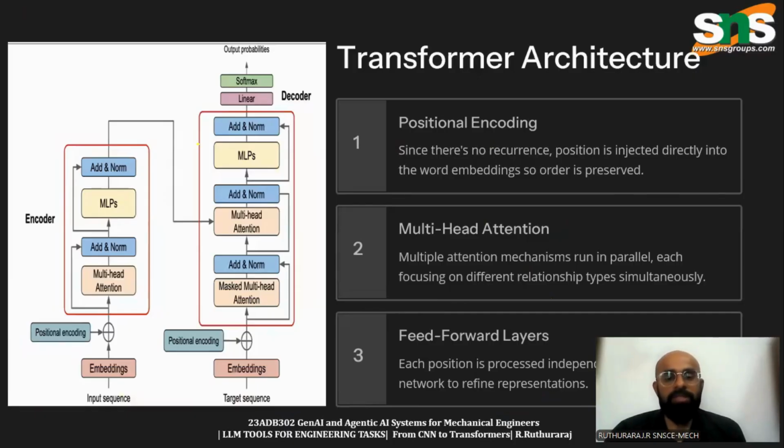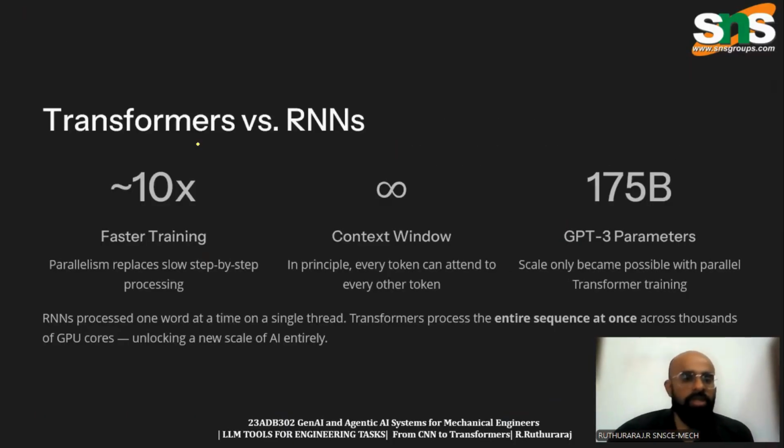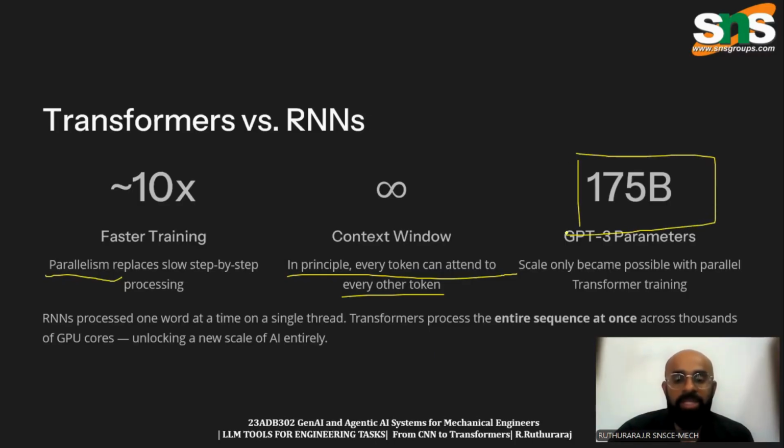The idea of the transformer is that it enabled very fast training through parallelism, and an infinite context window, though this is just theoretical, as there are practical limitations. And look at the parameters: the number of parameters becomes very large.